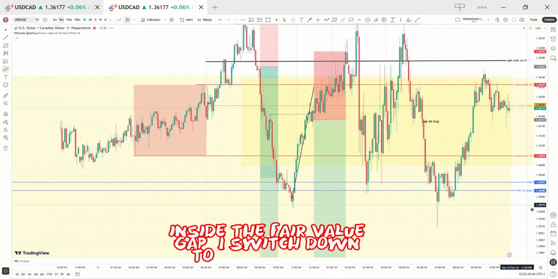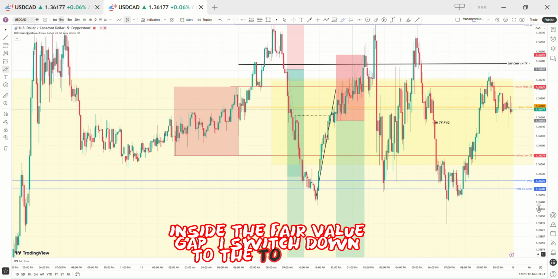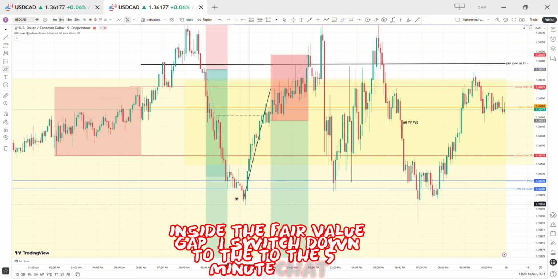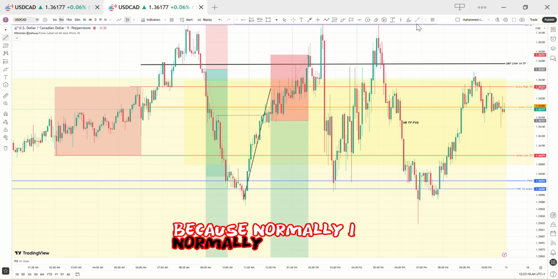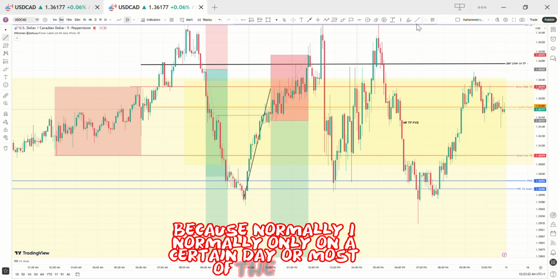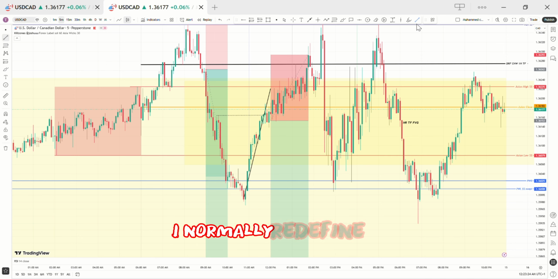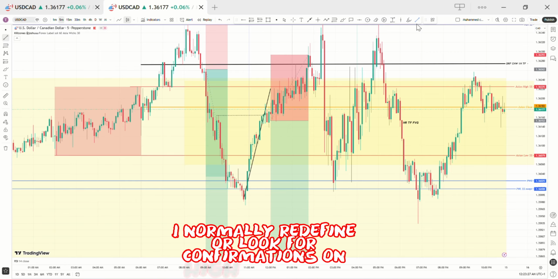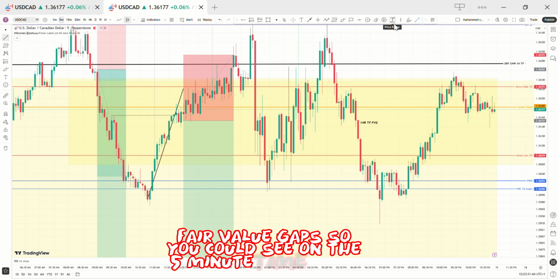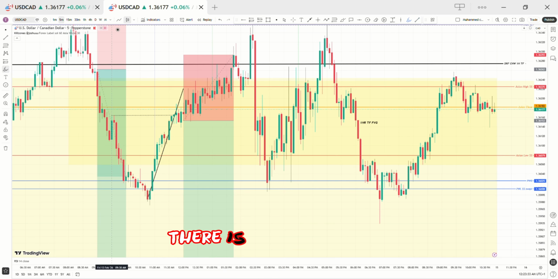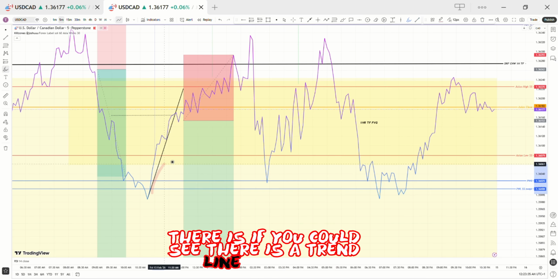I switched down to the 5-minute chart, because most of the time I normally look for confirmations inside high time frame fair value gaps. You could see on the 5-minute time frame, there is a trend line liquidity.